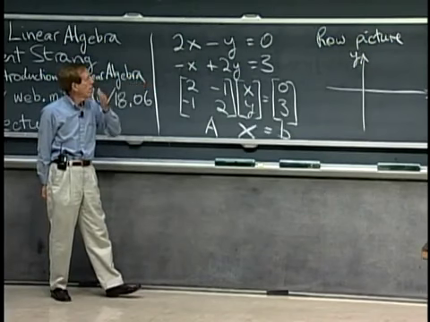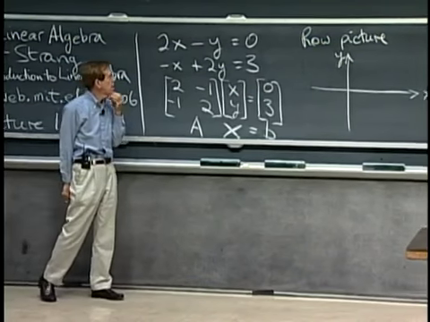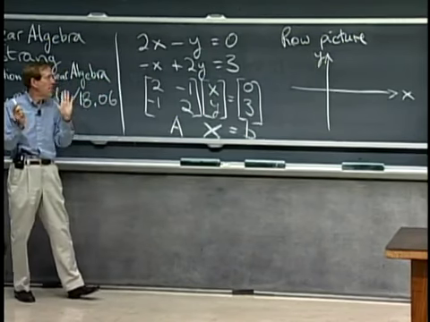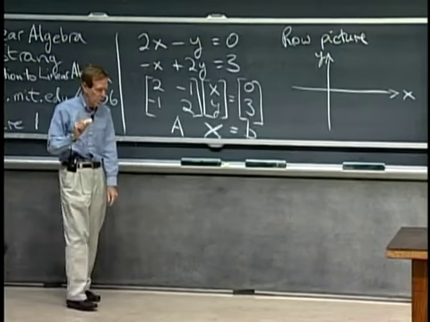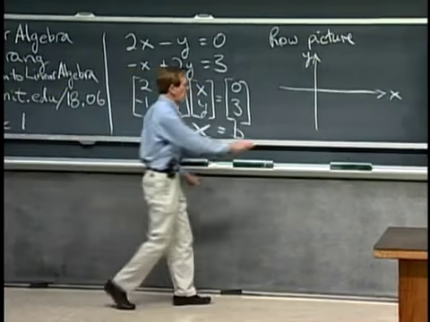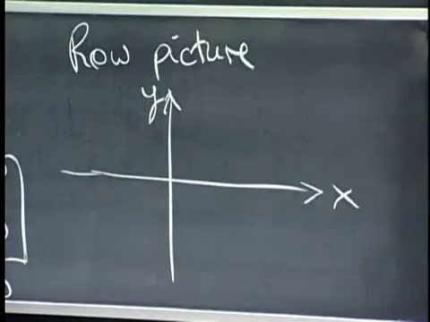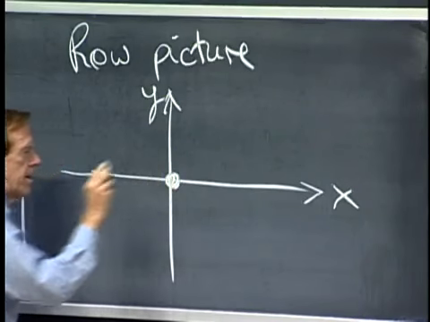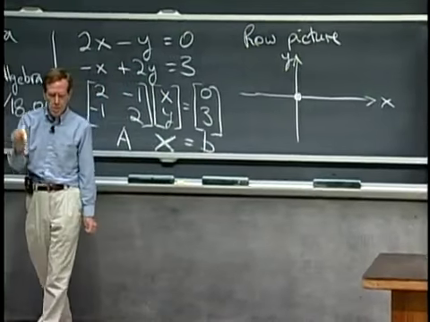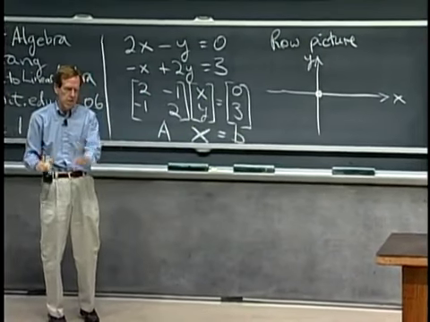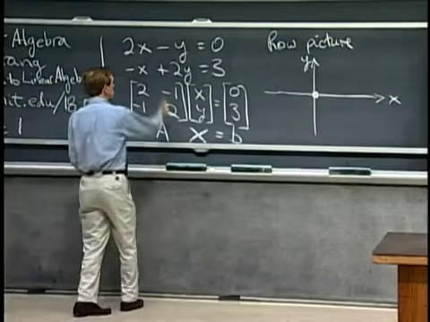So I'm looking at all the points that satisfy 2x minus y equals 0. It's often good to start with which point on the horizontal line. On this horizontal line, y is 0. The x-axis has y is 0, and in this case, then x is 0. So the origin, the point with coordinates 0, 0, is on the line.